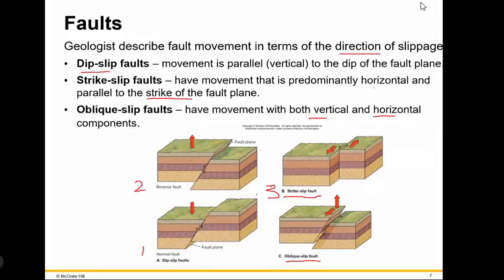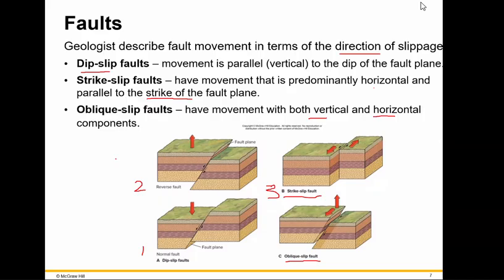So generally, the generic classification of faults involves the normal, the reverse, and the strike-slip fault. But when we now talk about the direction of slippage, you can then say dip-slip, strike-slip, and oblique slip. I don't know if you understand what I mean.